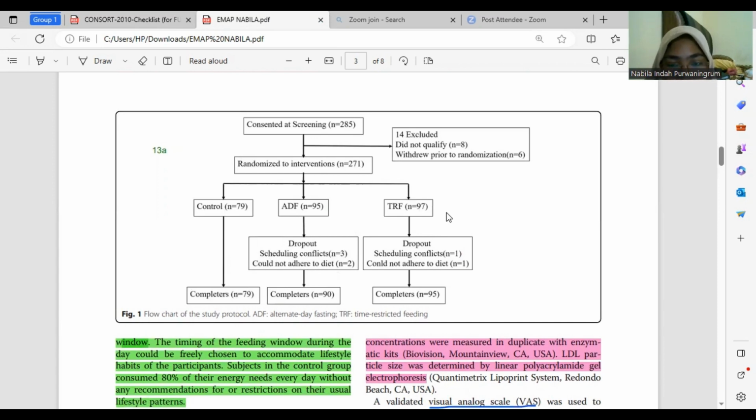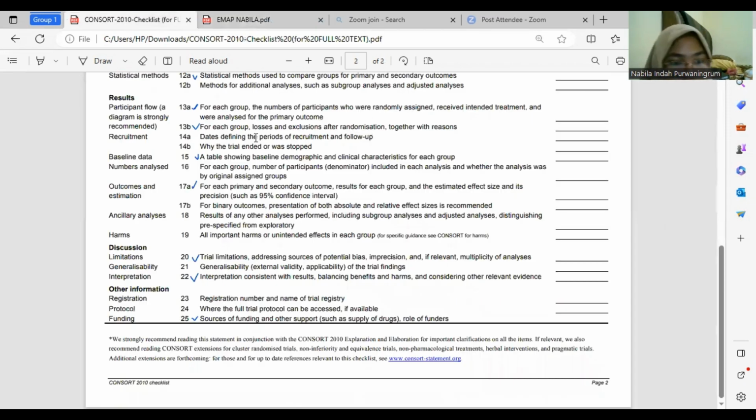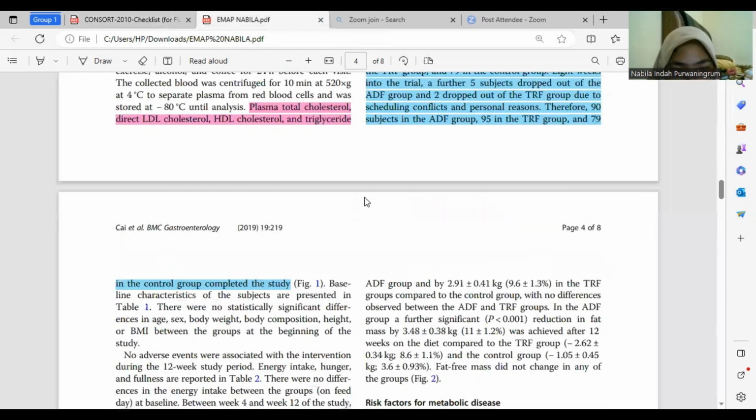And then the TRF is 97%, which 2% dropped out, and 95% completed. And then next is our 13B, for each group, losses and exclusions after randomization together with reasons. We can see it here.